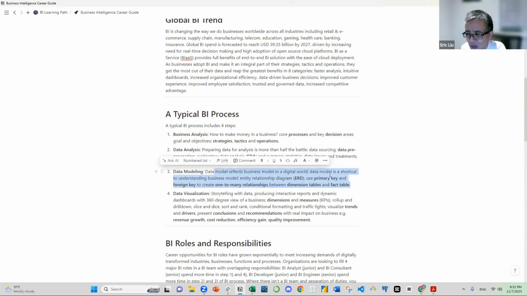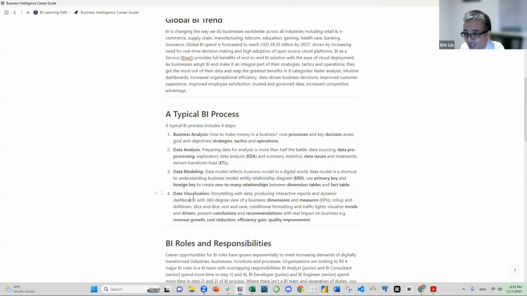In my opinion, SQL is the most important, not only because you can use the programming language to process data, but also because it's how you understand the data structure and how you manipulate it. And SQL is behind tools like Power BI as well. Okay, so if you understand data model, everything after that will be so much easier.